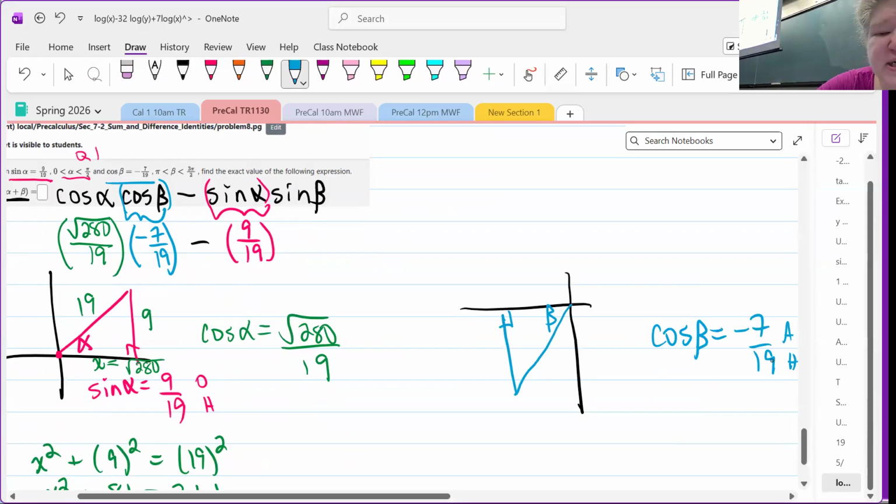Cosine is adjacent over hypotenuse, so that puts our negative 7 on the x-axis and our 19 on the hypotenuse.